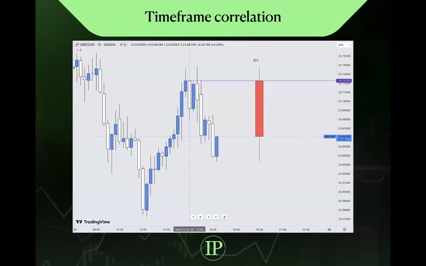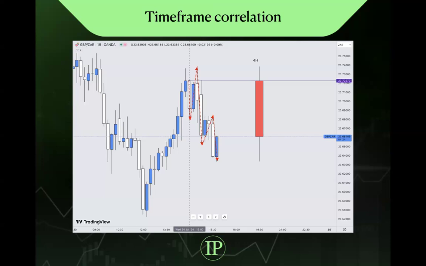In this example, the purple line represents the open of that candle. Markets went up first and then came down, went slightly up and down again, and then started to pull back again to where the current candle was at that time. We can see that trend occurring on the 15-minute time frame.